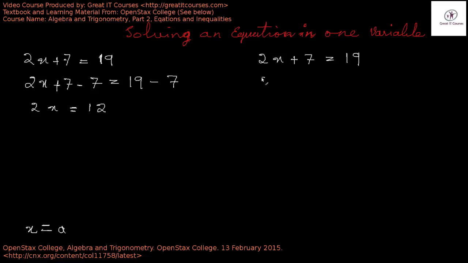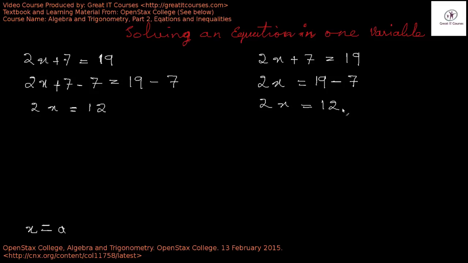I would write this as 2x is equal to 19, and when this comes to the other side it becomes minus 7, so 2x is equal to 19 minus 7, which is 12.